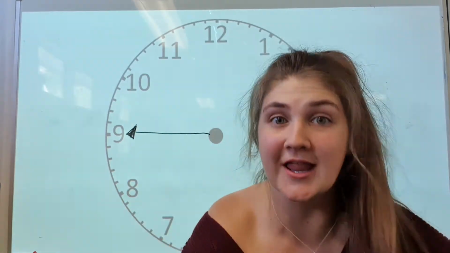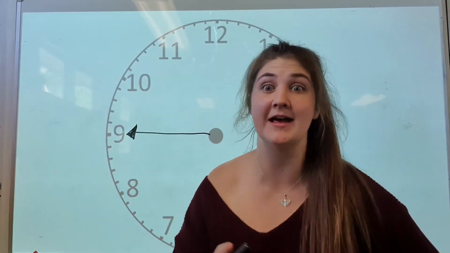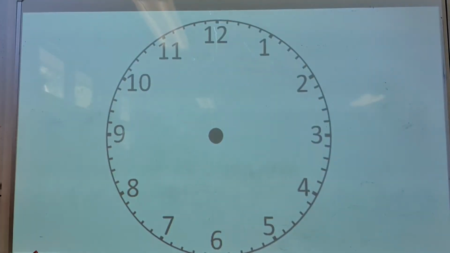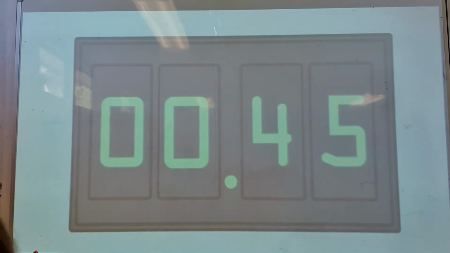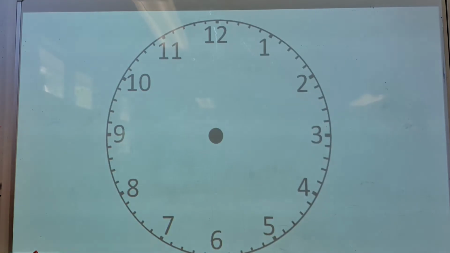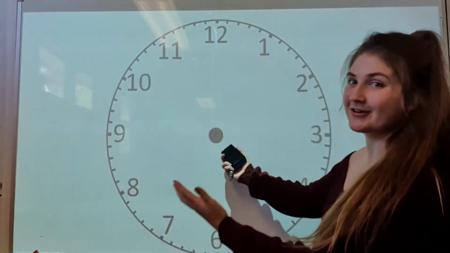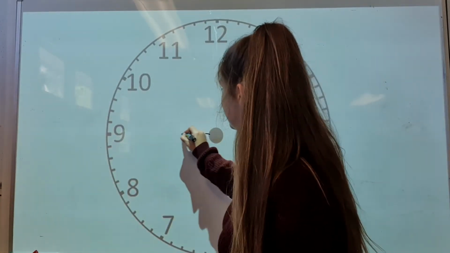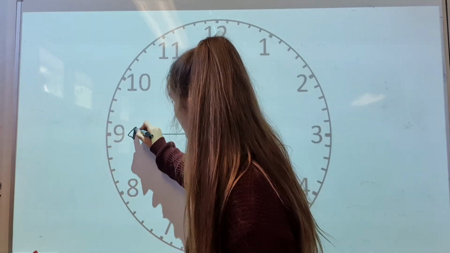What does it look like on the digital clock? Let's have a look. What? Why is it 45? What? That doesn't make any sense. It was on the 9 before. Wait a second. I'll explain it. Let's bring it back. Okay, we're on the analog clock again. We know that our minute hand has to be on the 9 when we're talking about quarter to.